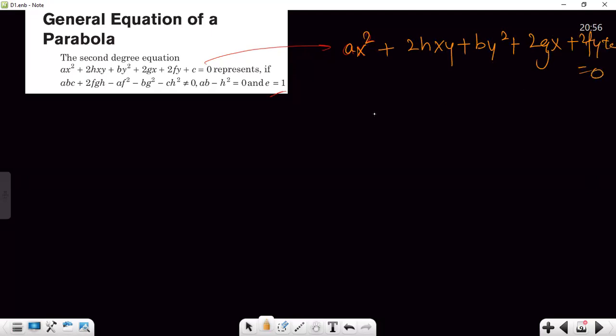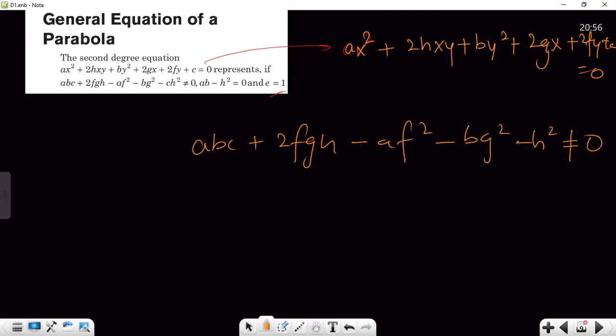It represents a parabola when and only when abc plus 2fgh minus af squared minus bg squared minus ch squared is not equal to 0, h squared minus ab is equal to 0, and eccentricity is 1. These are the conditions for this general equation to become the general equation of a parabola.